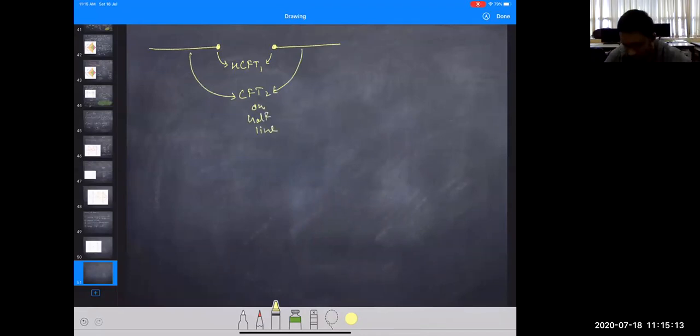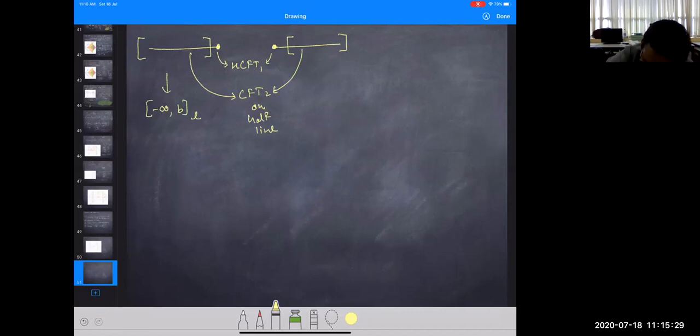And then the computation we did of the linear growth was that we were trying to compute the entanglement entropy of these regions. And what are these regions? This region is minus infinity to b in the left system, and this region here is b to infinity in the right system.